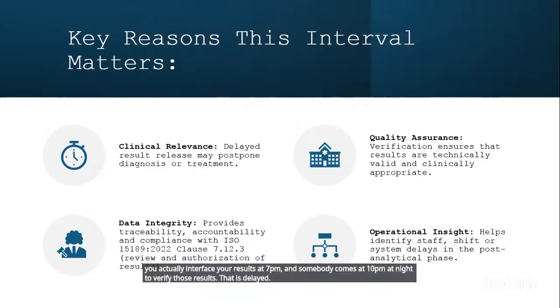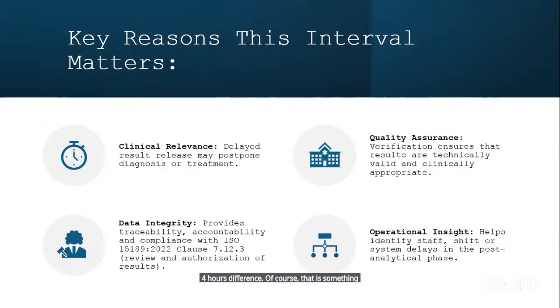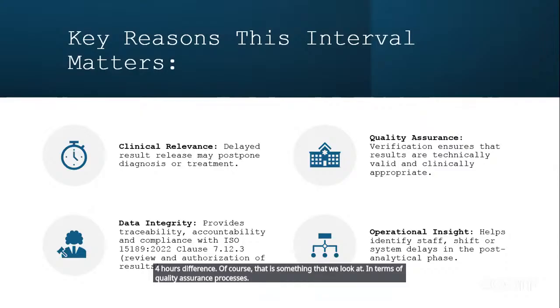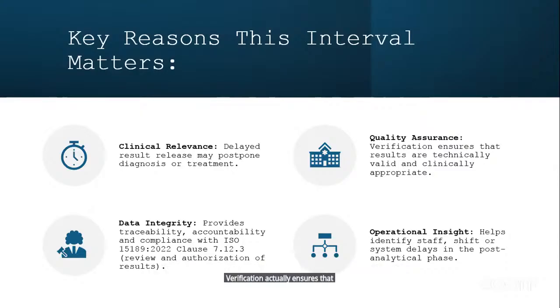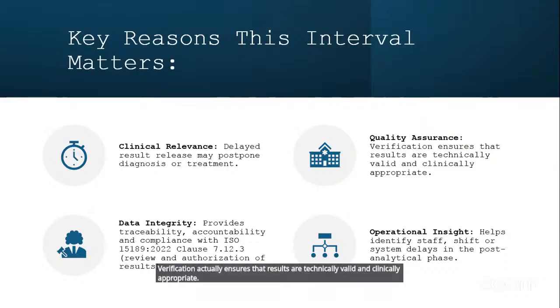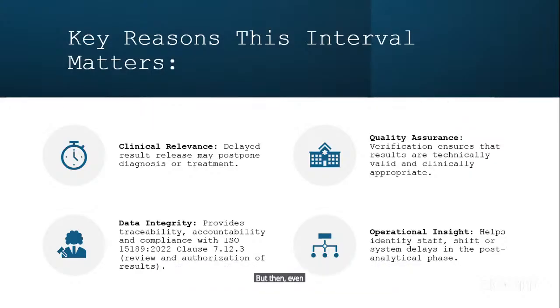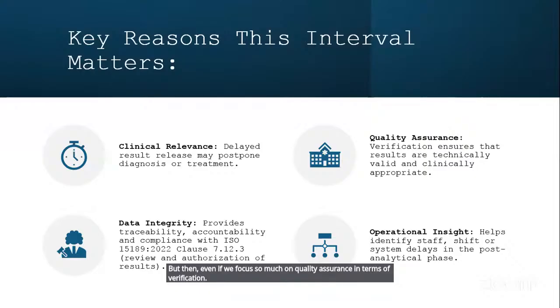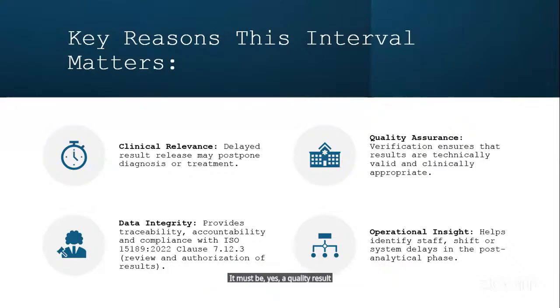That is a difference of hours, and of course that is something that we look at. In terms of quality assurance processes, verification actually ensures that results are technically valid and clinically appropriate. But even if we focus so much on quality assurance in terms of verification, yes, it must be a quality result, but it must be on time, okay?